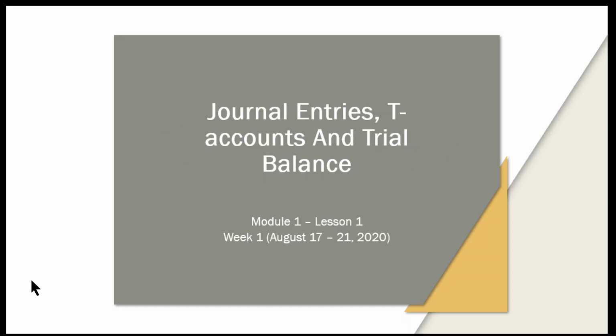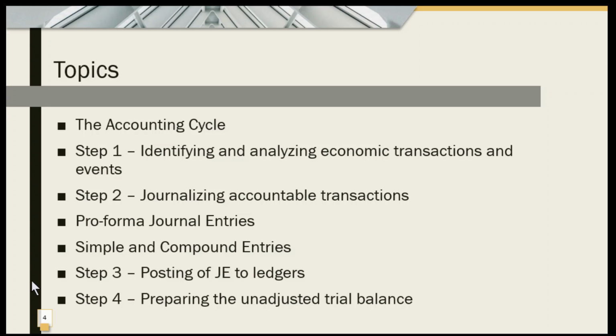So for lesson 1, we're going to review the basics on journal entries, the accounts, and the trial balance. That is for week 1. The topics that we'll be discussing for this lesson are, of course, the accounting cycle, and specifically steps 1 to 4.